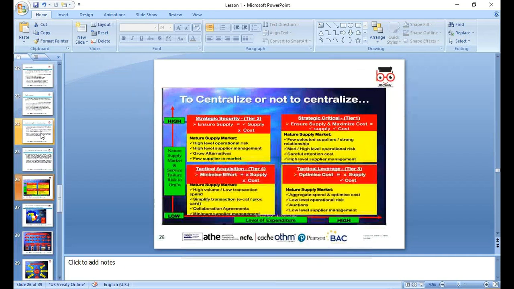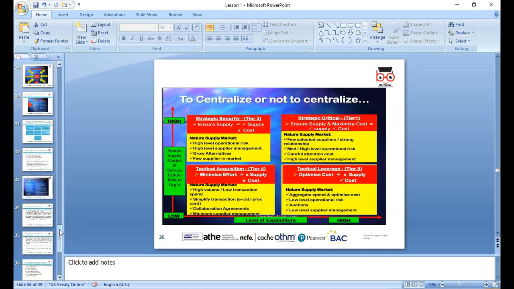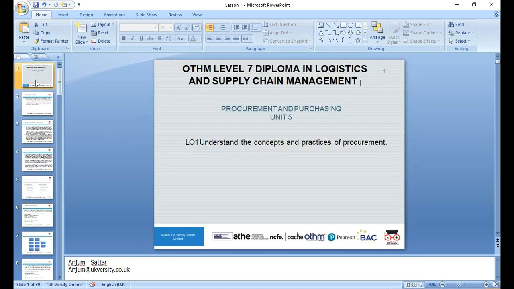We discussed centralized and decentralized procurement, and how they centralize the procurement system in Africa, keeping costs in view. That was the key focus, but they look at all the local problems and try to address them as well, and ultimately it helps the organization reduce costs and improve efficiencies.